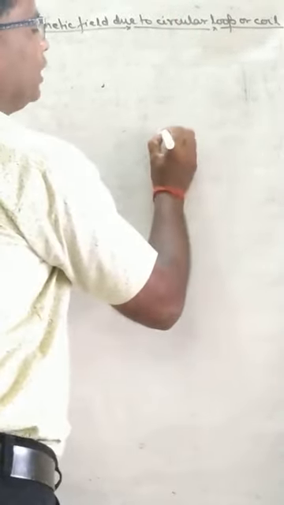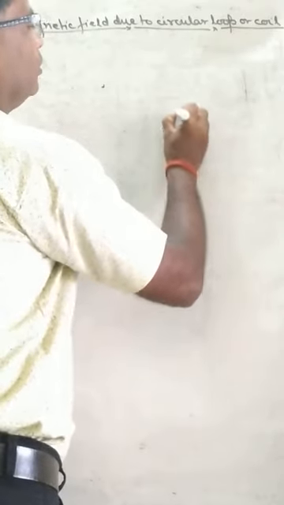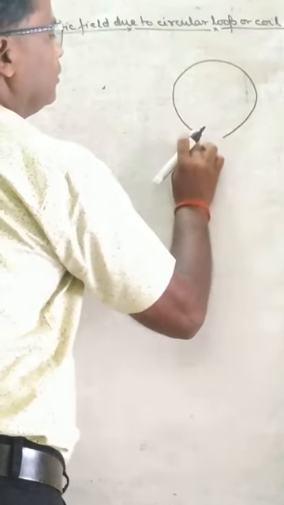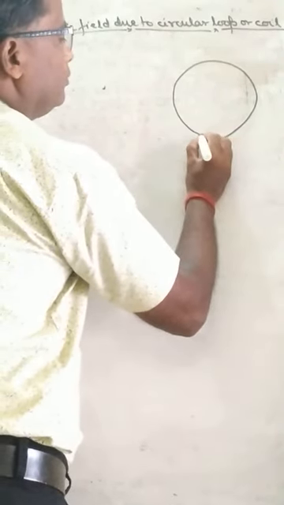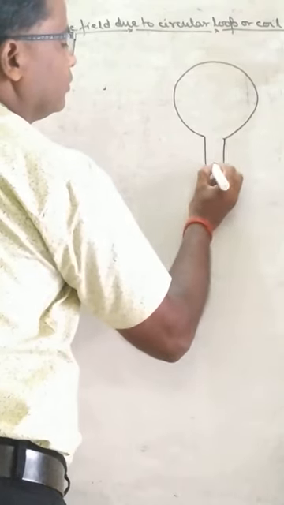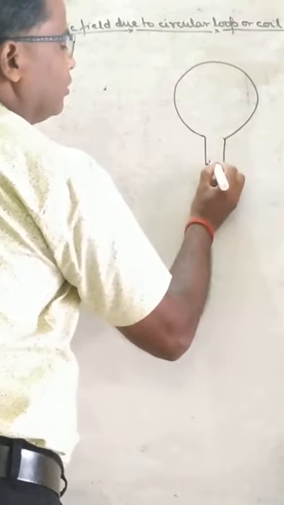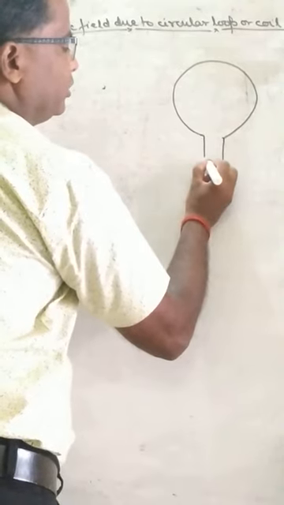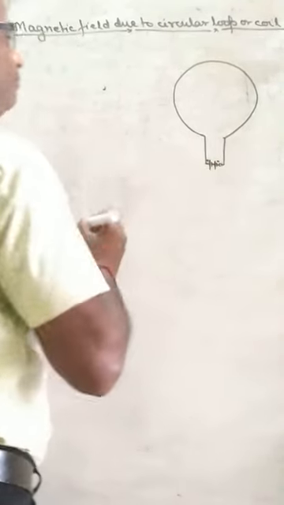Circular loop means that a straight wire you will take and bend like this. Battery, and one key also you will take here, plus minus.